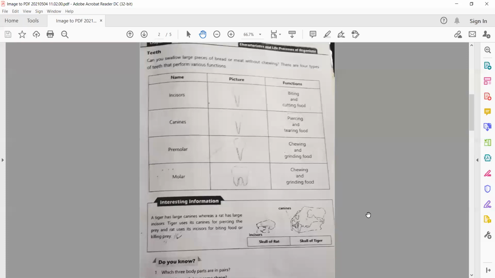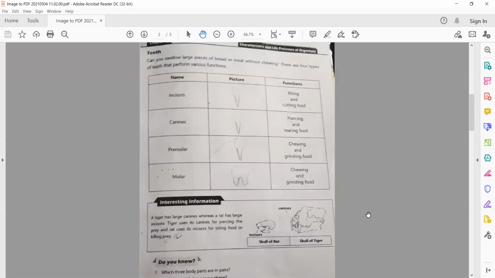Now another one is canines. Canines are the pointed teeth beside your incisors. Because these teeth are pointed and also very sharp, they help you for piercing and tearing the food. There are 4 canines, 2 in each jaw.